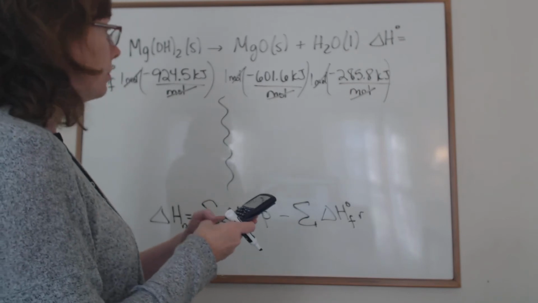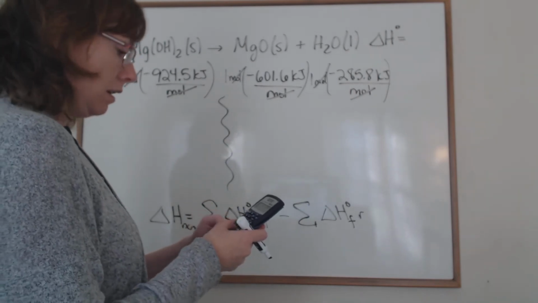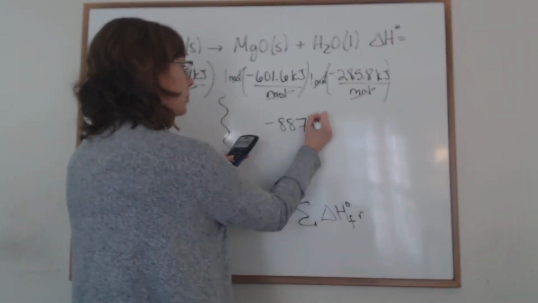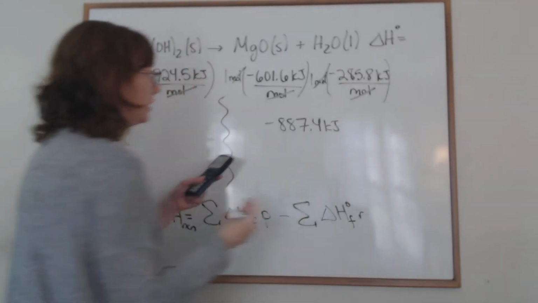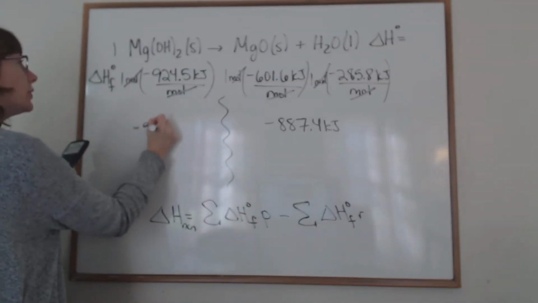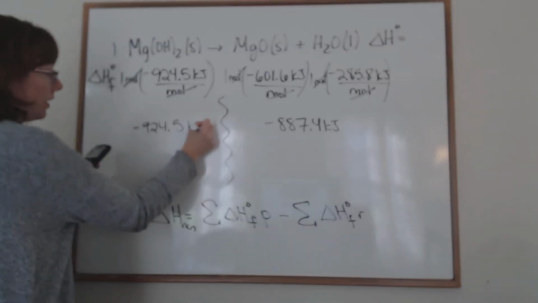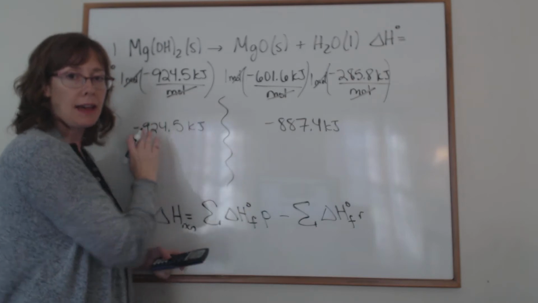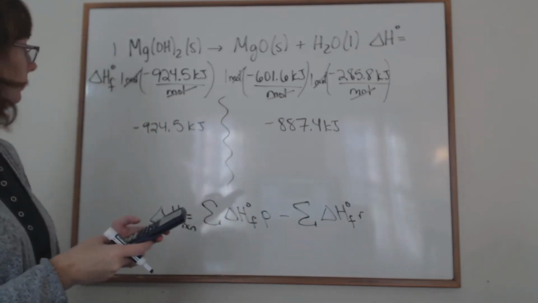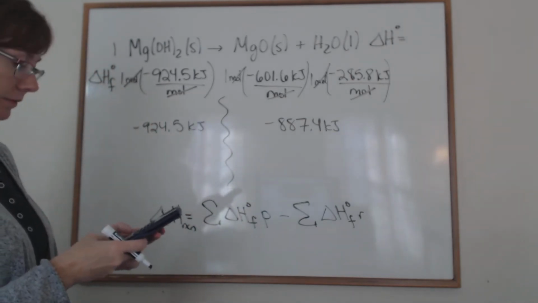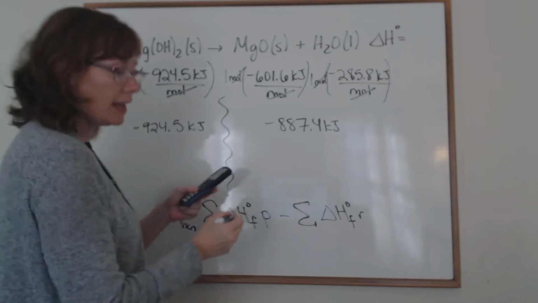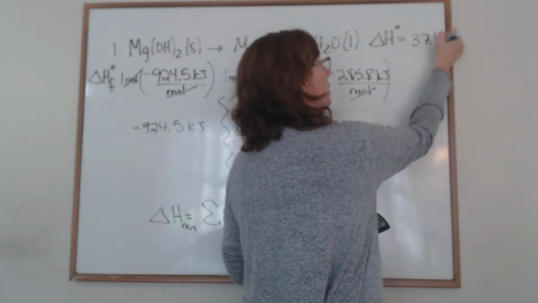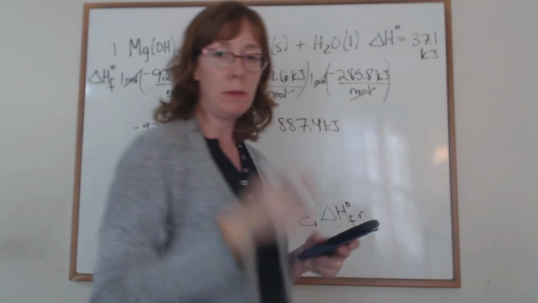So let me get the total for the products: negative 887.4 kilojoules. And then the reactants, that doesn't change. Now you have to make sure you keep the signs very organized. This minus that. And I'm getting an answer of 37.1 kilojoules, which is the right answer. So be very organized with your signs.